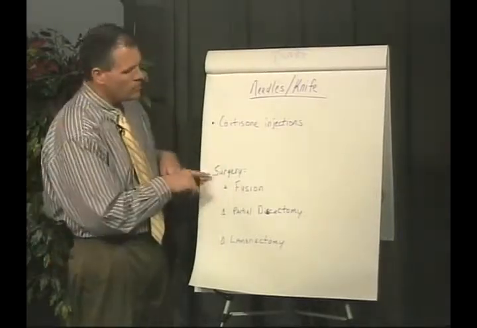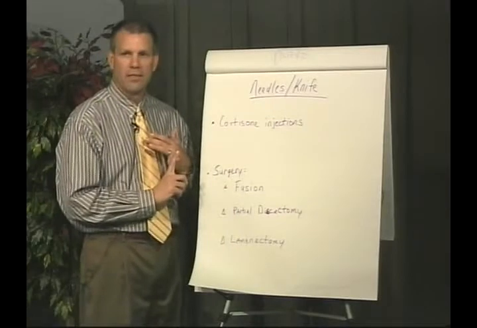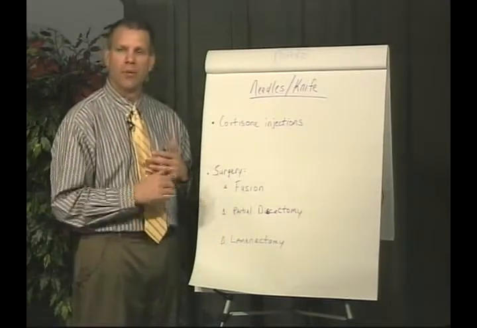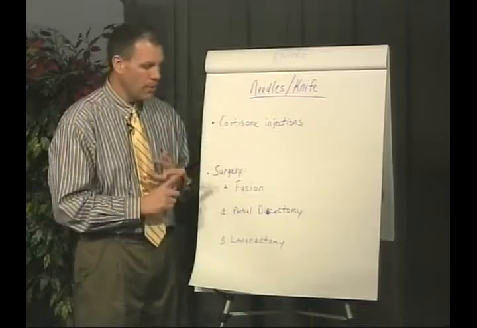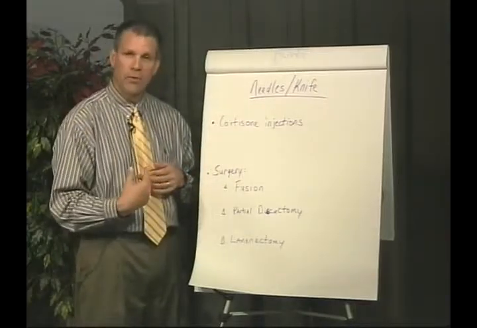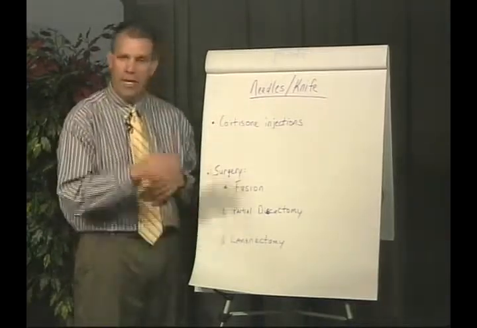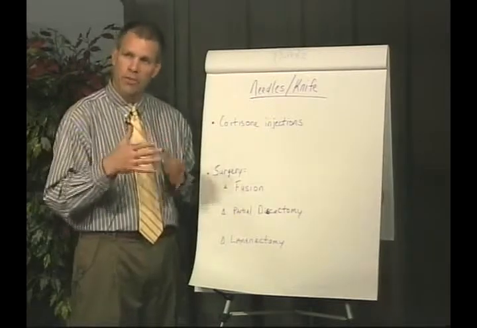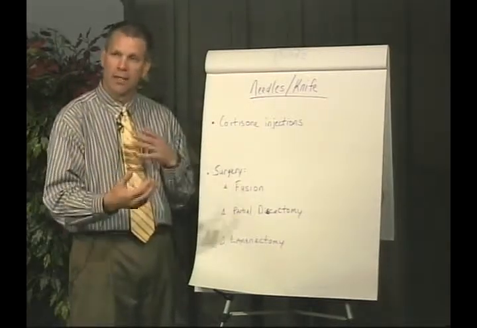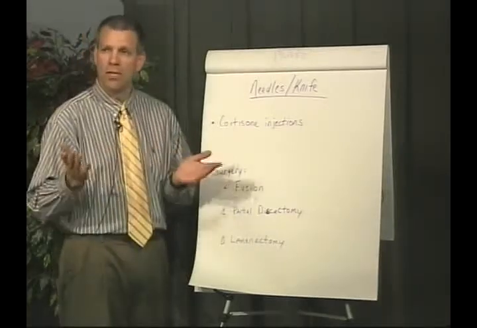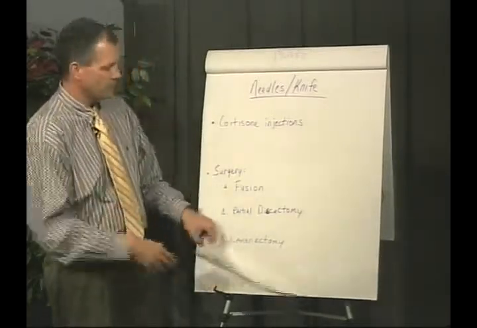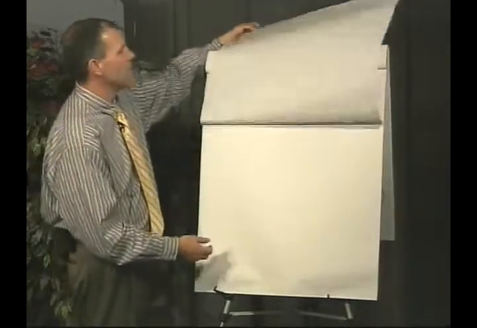Surgery would be the next step, and these have become very progressed issues. So we'll have fusion surgeries, partial discectomies where they actually remove the disc out of the body, a laminectomy where they pull the posterior portion of the vertebrae out, or they'll just fuse the whole thing together and give up on it. And that is basically the traditional medical model.